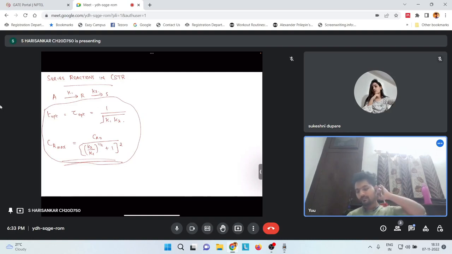So this is the tau optimum and CR max for series reactions in CSTR, right? And if we want to see how it is differing, we can show it using a plot like this.